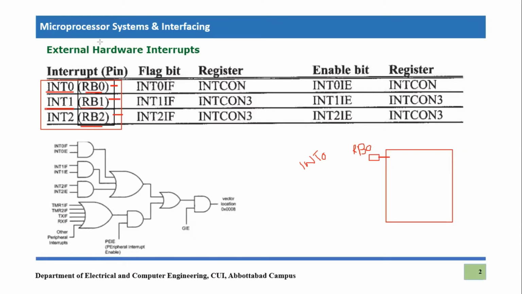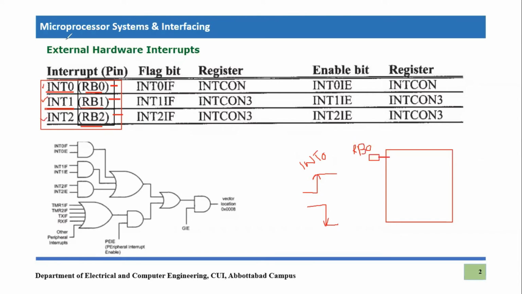If the transition is from low to high, this is called positive edge triggered, and if it is high to low, this is called negative edge triggered. So the external hardware interrupts, interrupt 0, interrupt 1 and interrupt 2, are basically edge triggered.